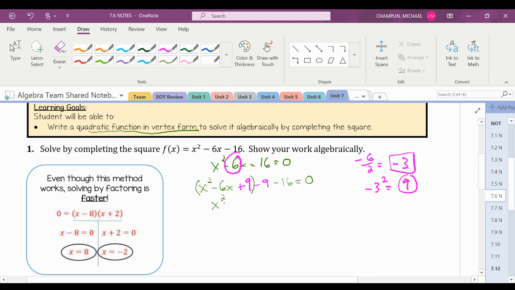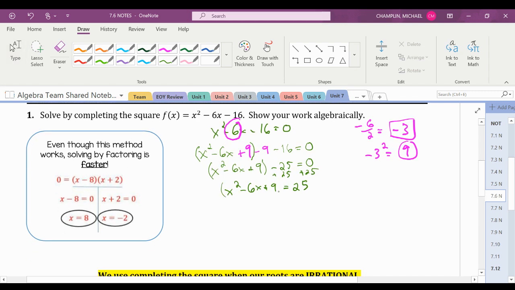So I have x squared minus 6x plus 9, still in parentheses, minus 25. I'm going to sort this, and I want the 25 over on the right side. So I'm going to add 25 to each side, making this now x squared minus 6x plus 9 equals positive 25.